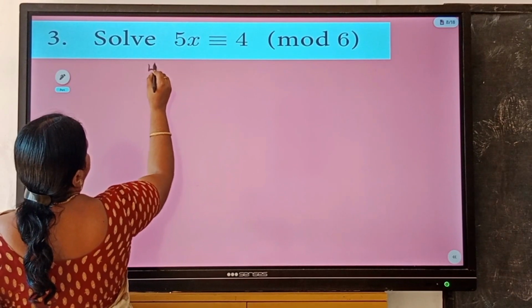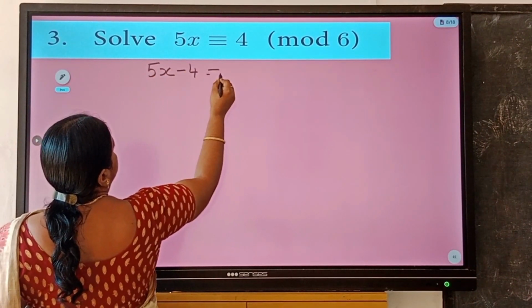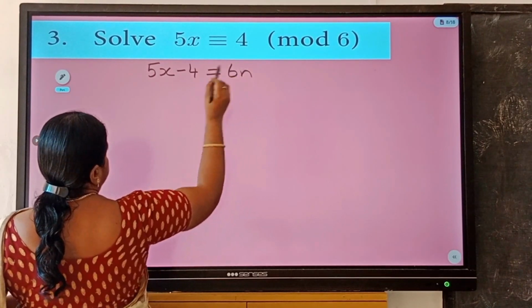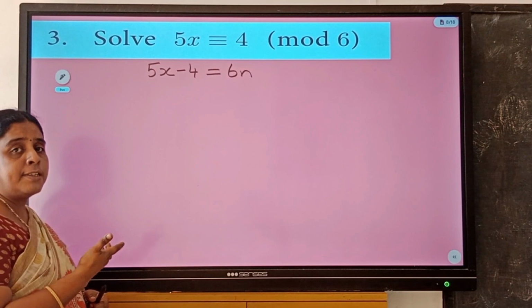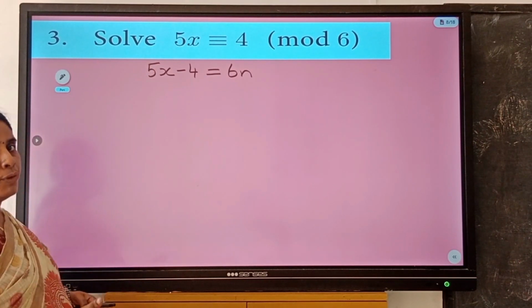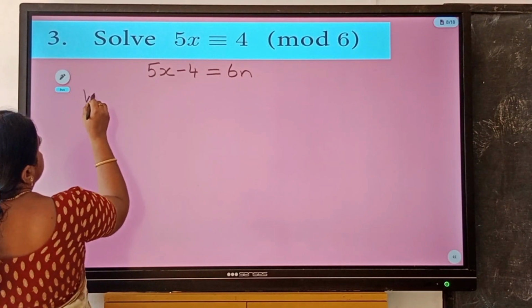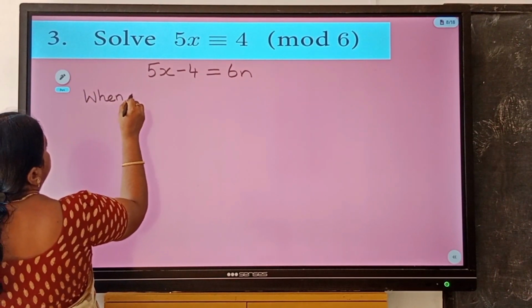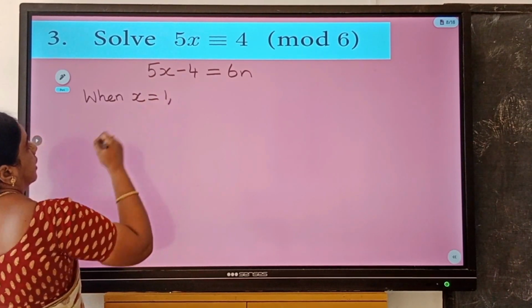So next step will be 5x minus 4 is some multiple of 6. So here also we don't know what multiple, so we start assuming the x value to be from 1.